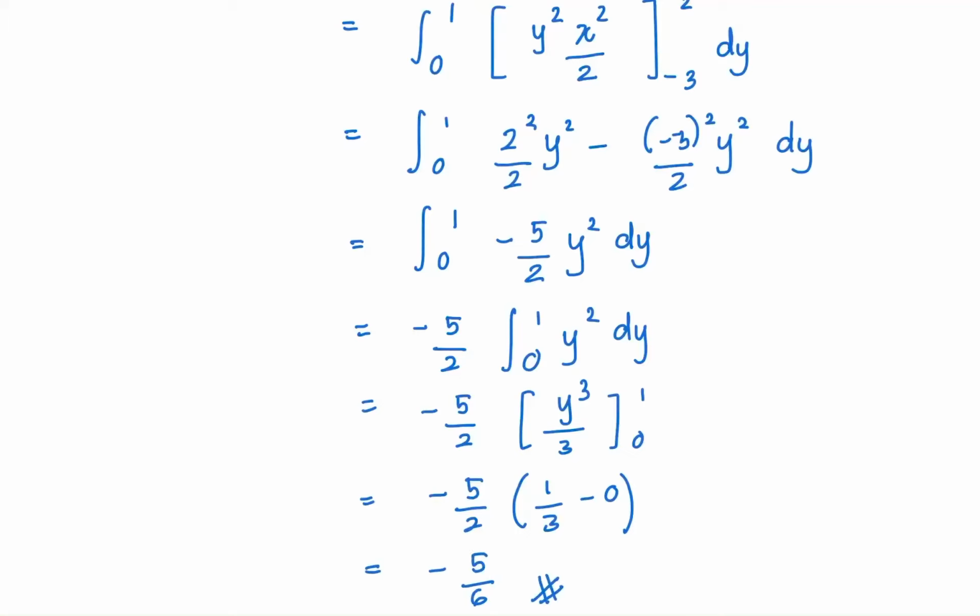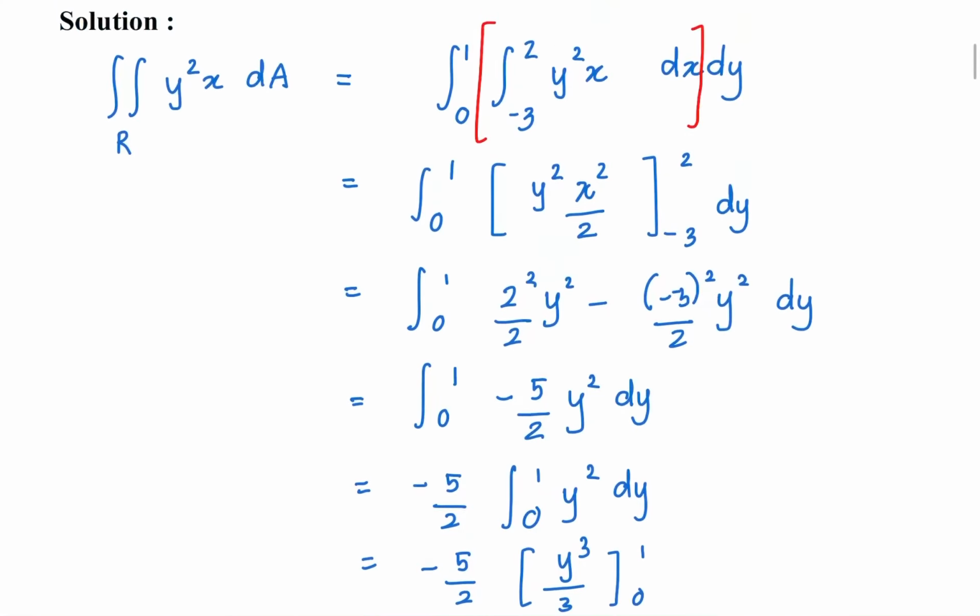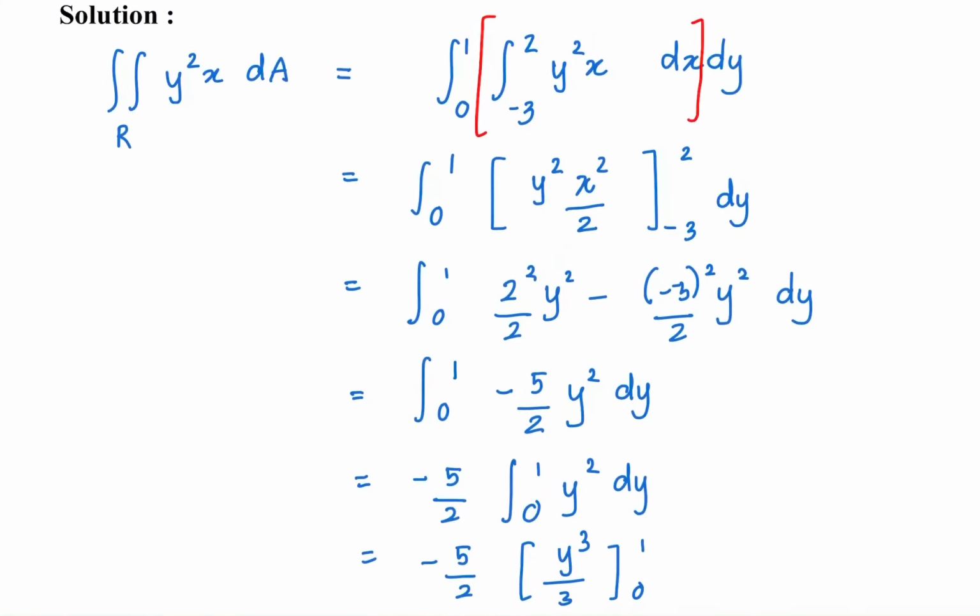As I mentioned just now, we are solving with the order of dx dy. So if we change the order into dy dx, we will still get the same answer.